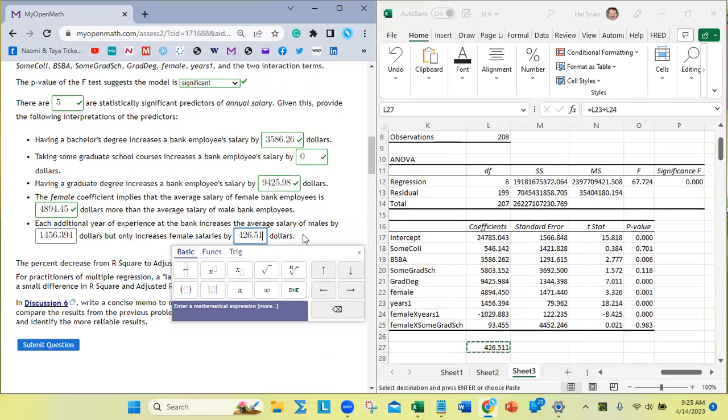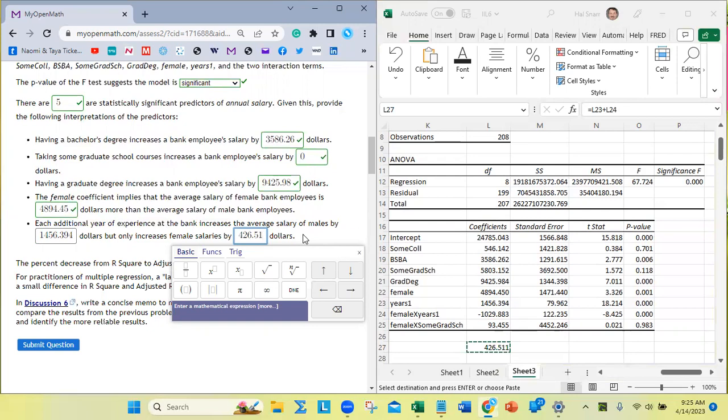And so maybe what's going on here is females on average start at the bank at a higher salary rate. So with additional years at the bank, males are being caught up, probably. I'm not sure. You'd have to survey the employees and really get into the data to see why there's a difference here, right?